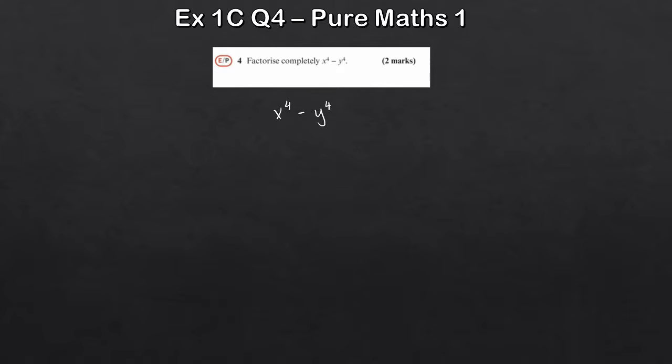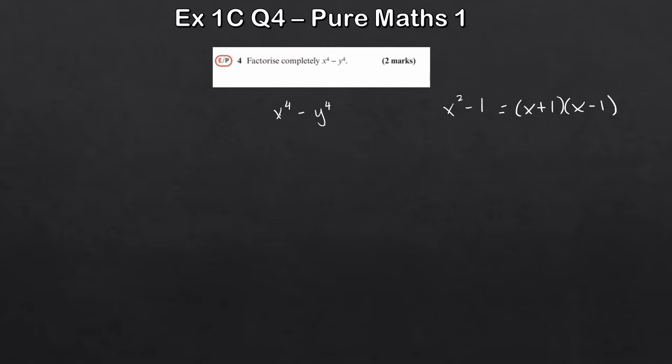Now the first thing that jumps out to me is that this is kind of the form of the difference of 2 squares. So remember something like x squared minus 1, we could write that as x plus 1 and x minus 1. Now, difference of 2 squares obviously will require the difference, quite literally, of 2 squares.